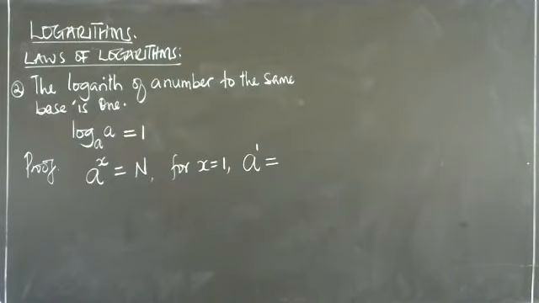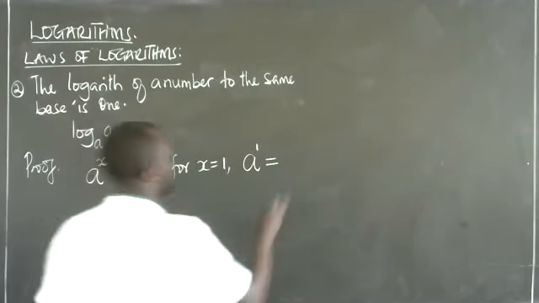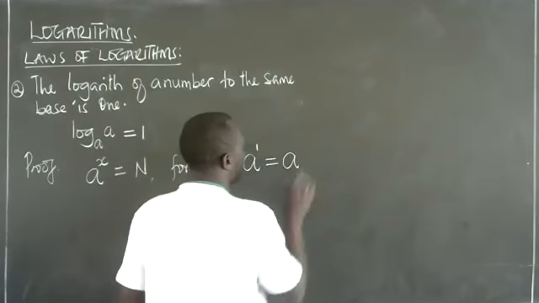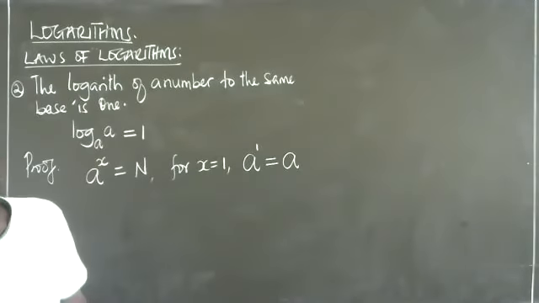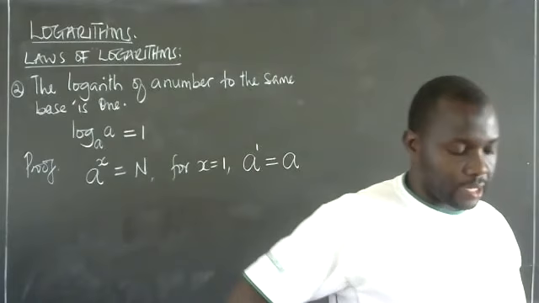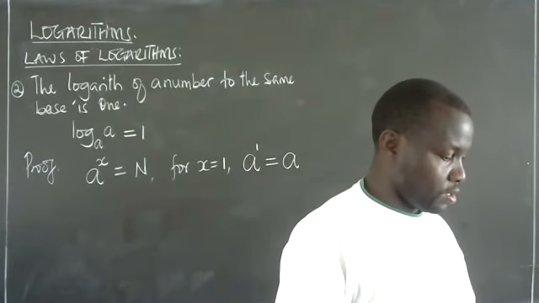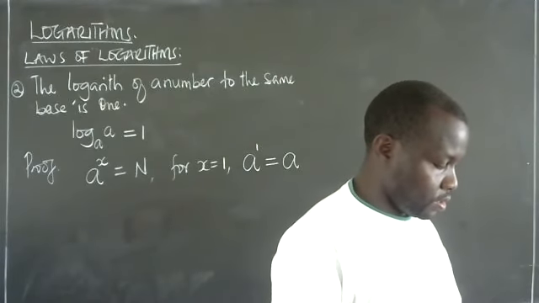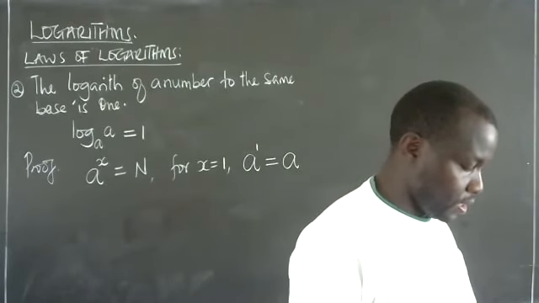It becomes a, because any number to the power 1 is that very number. Any number to the power 1 is that very number.